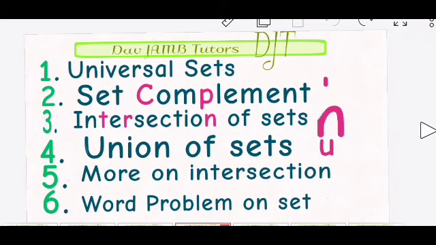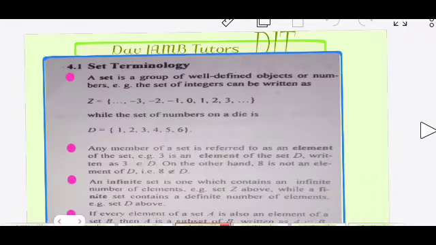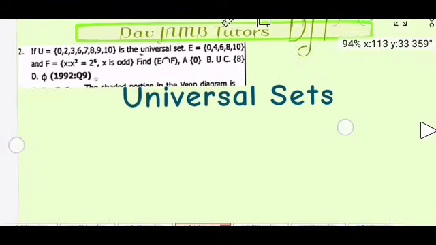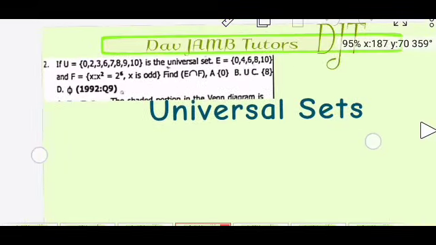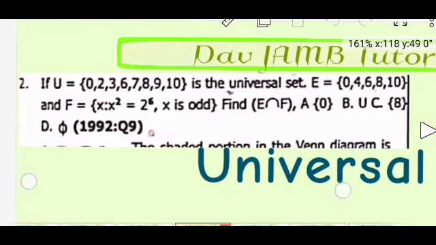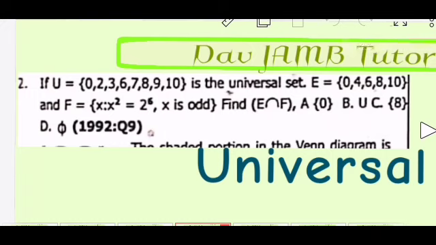It says if U equals 0 to 3, 6, 7, 8, 9, 10 is the universal set, E equals 0, 4, 6, 8, 10, and F equals x squared, it's just an expression, where x squared equals 2 raised to the power 6, and x is odd.